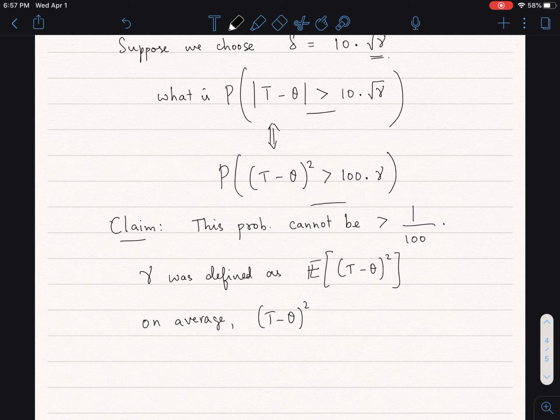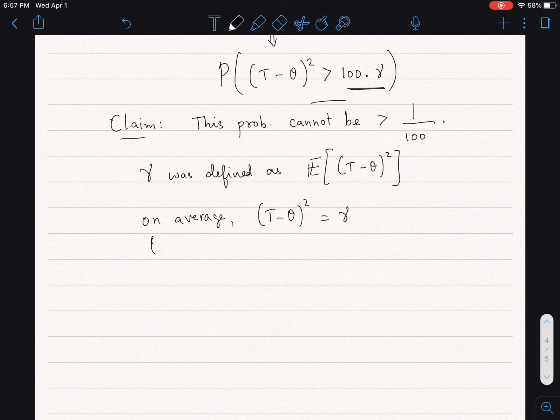On average meaning if I were to take multiple samples, t minus theta squared would be gamma. And now I'm asking you, what is the likelihood, or what is the probability, that it's more than 100 times gamma?